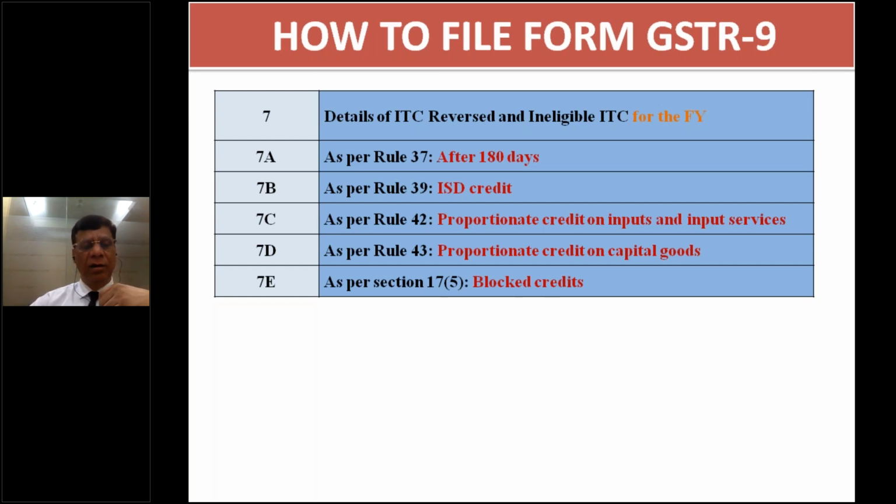Like in Section 17(5) blocked credits, ineligible credits, like if I have gone and taken food in a restaurant, I probably might have expensed that particular credit. I might not have declared this particular ineligible credit in my Form 3B, and even if I have declared, that is only a memorandum entry, and it may not be grossed up earlier in 4A first and then reversed in the memorandum entry thereafter. So such kinds of precautions one has to take care of.